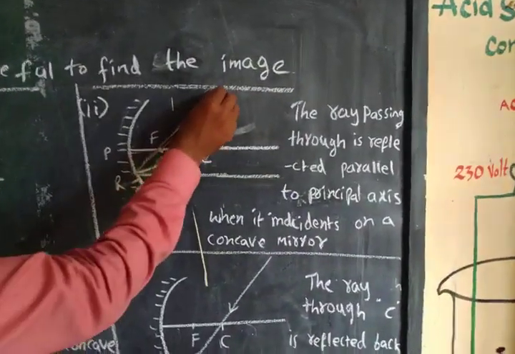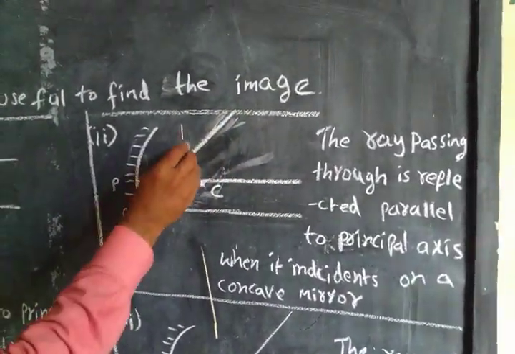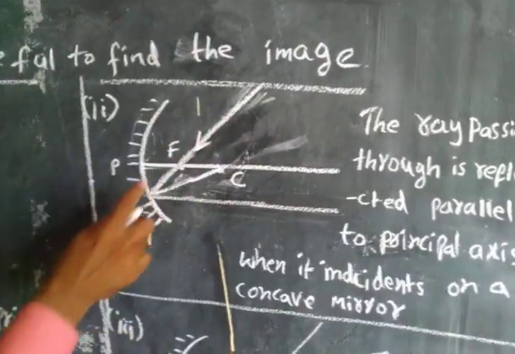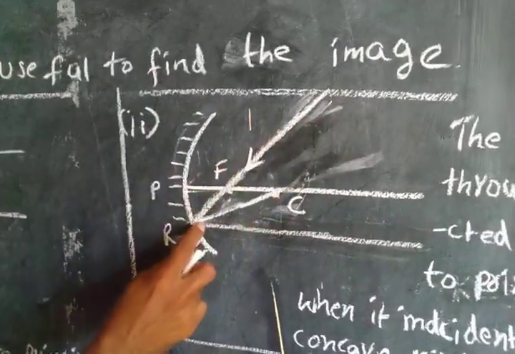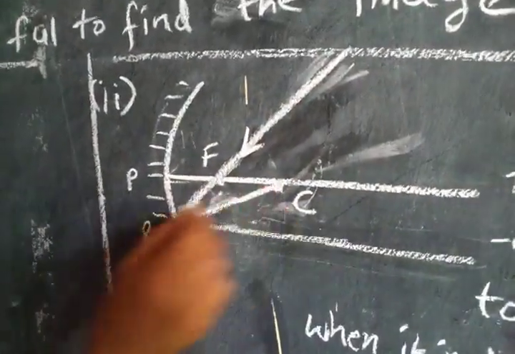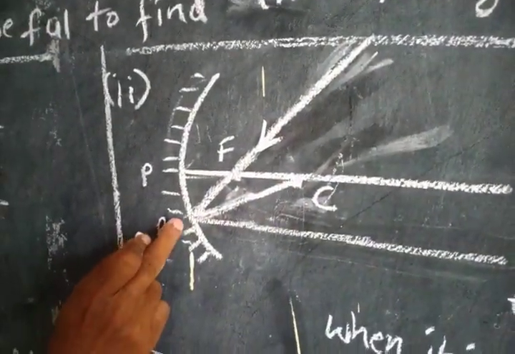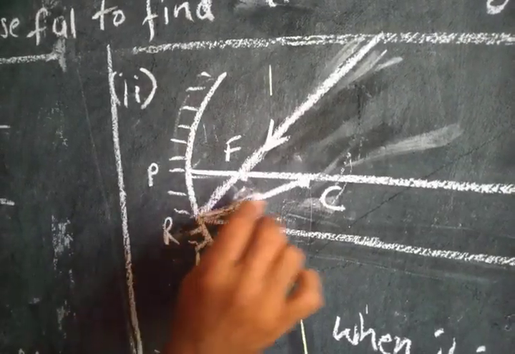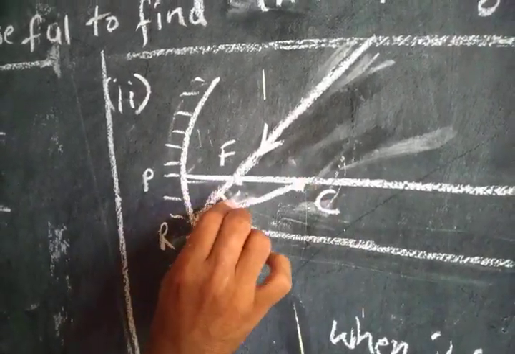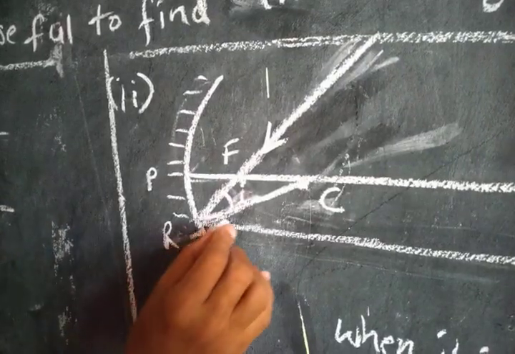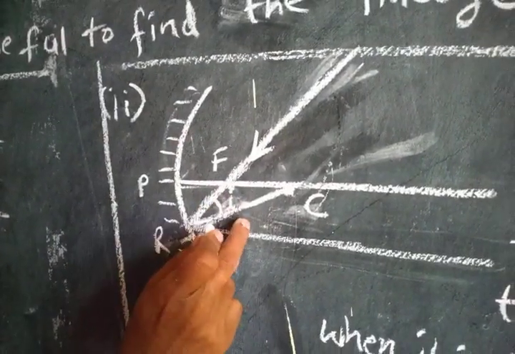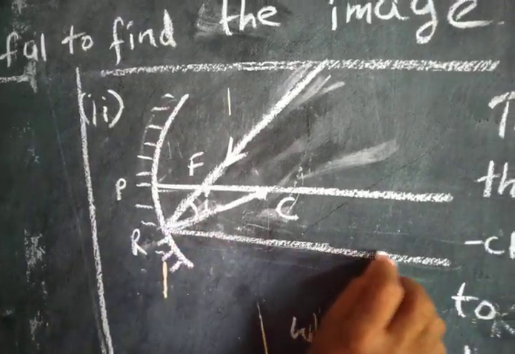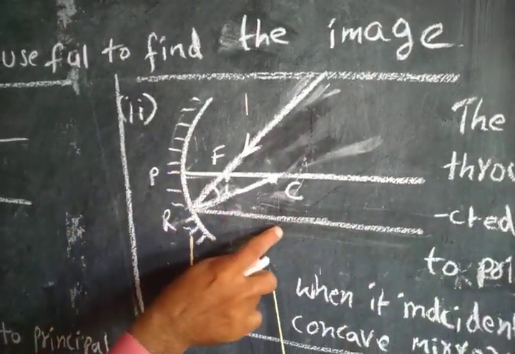Now considering the ray which is passing through the focal point, the focus. We know that this is the normal at this incident point, that is R. RC is the normal. Here this is the angle of incidence. That's why it should be reflected with the same angle. So it will be reflected parallel to the principal axis.